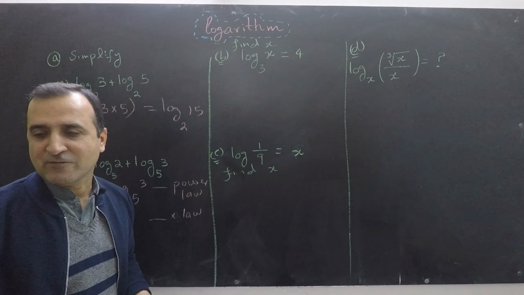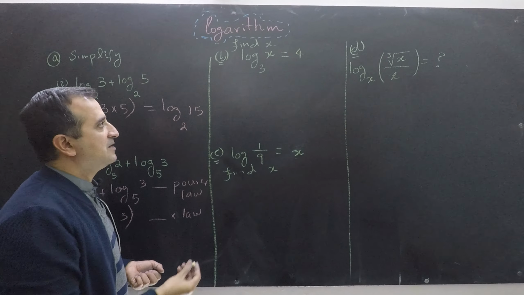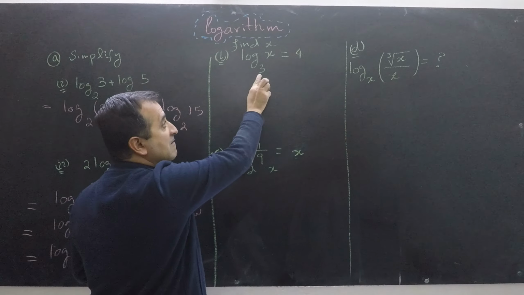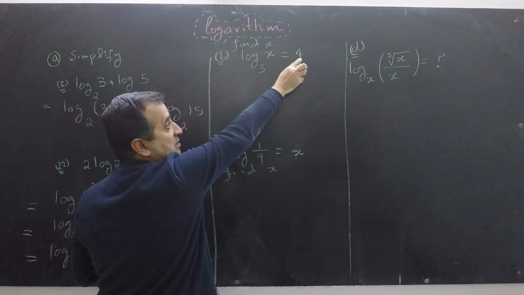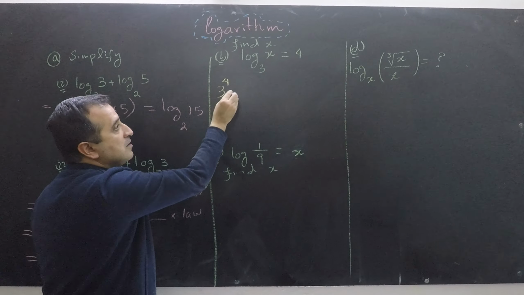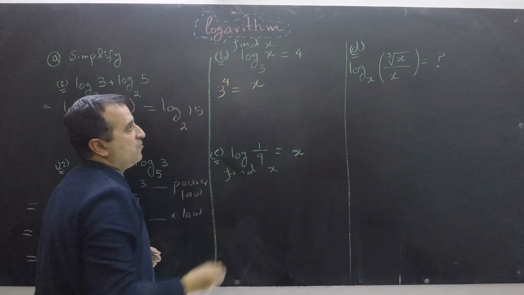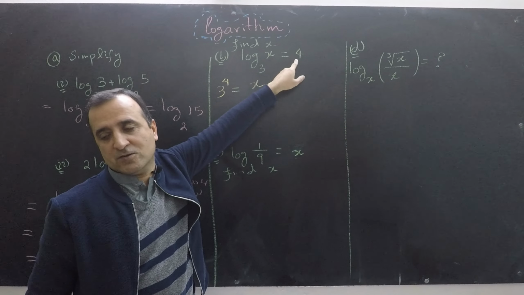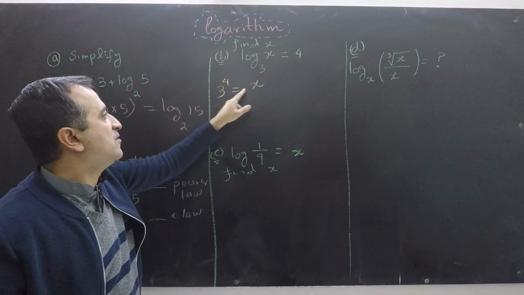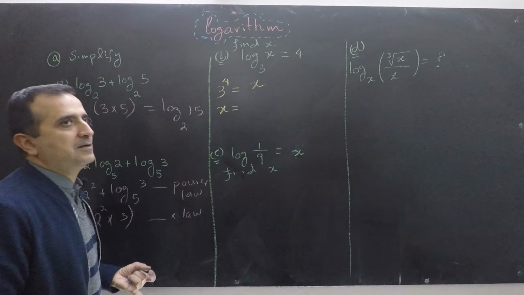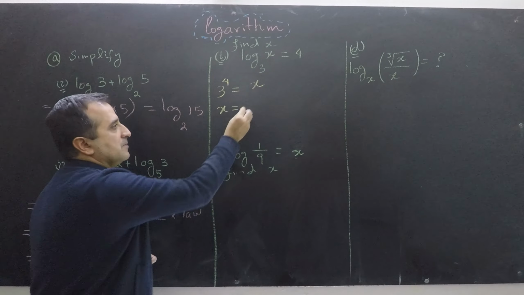So how to write it in form of exponential? X is equal to 3 power 4. What power on 3 gives me x, and that power is equals to 4, right? So 3 raised to power 4 is equals to x. So that means x is equals to 81.